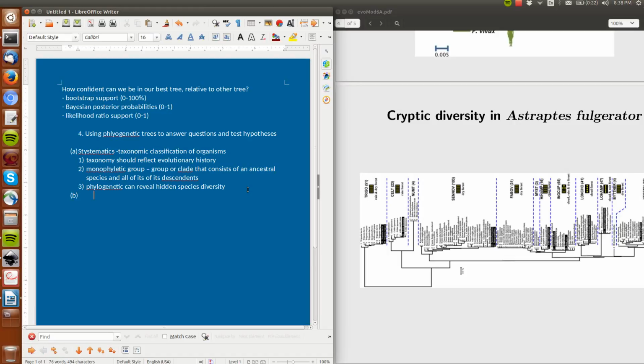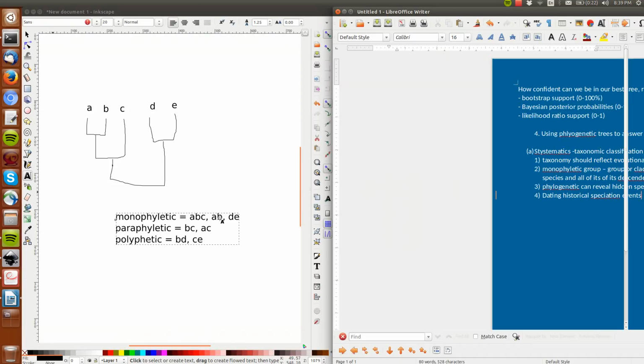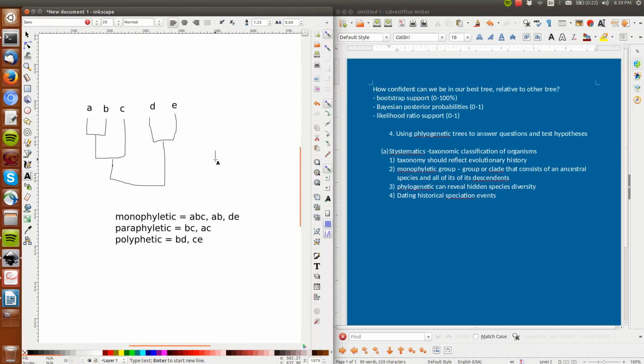Another reason would be for dating historical speciation events. Trying to get at when speciation events happened.